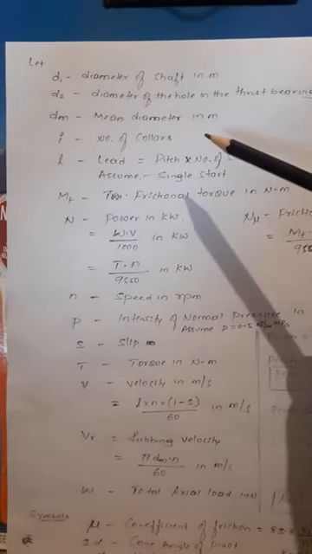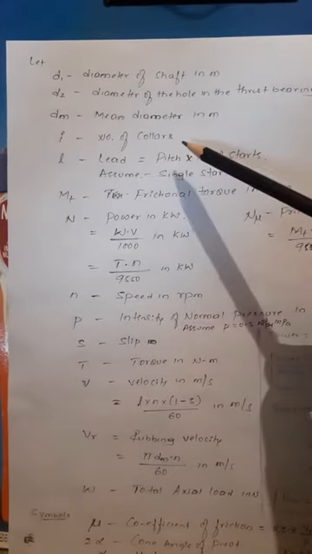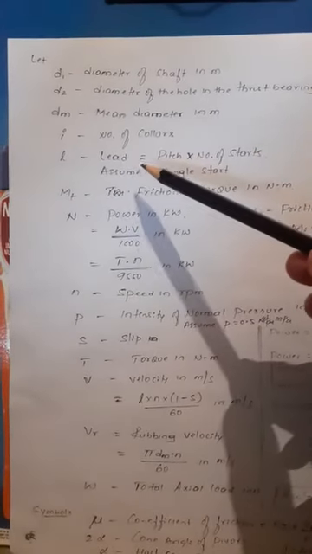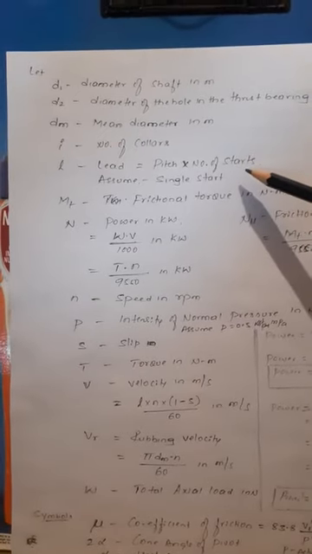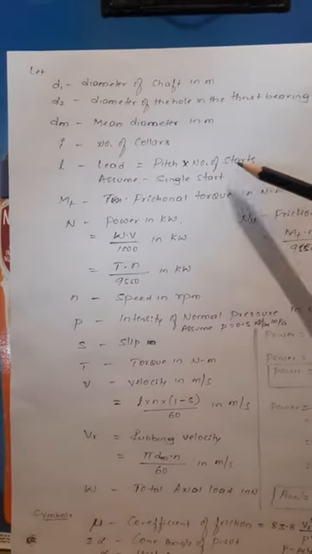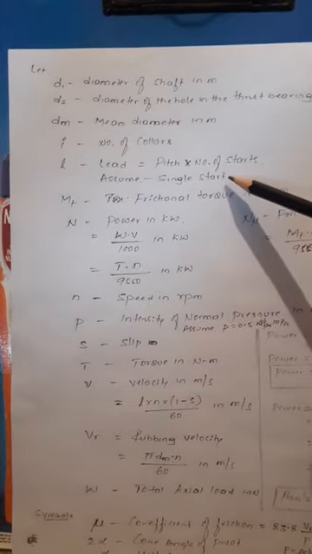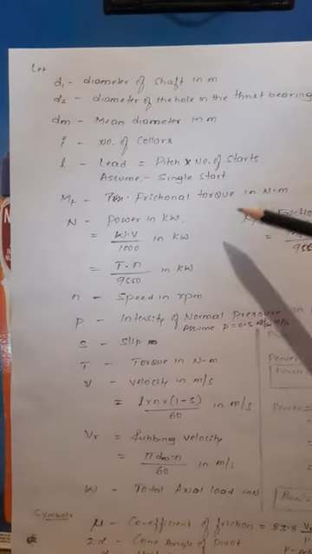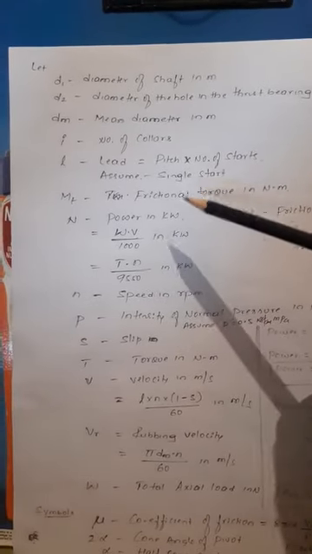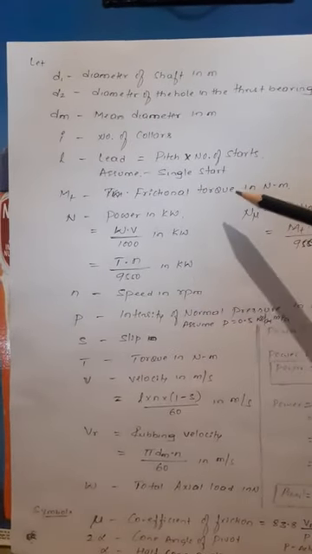Dm is the mean diameter, and i is the number of collars. L is the lead. As you know, the lead is pitch into number of starts. If the number of starts is not given for threads, then take it as a single start. Then MT stands for frictional torque, that is, how much torque occurs due to friction while giving the support.